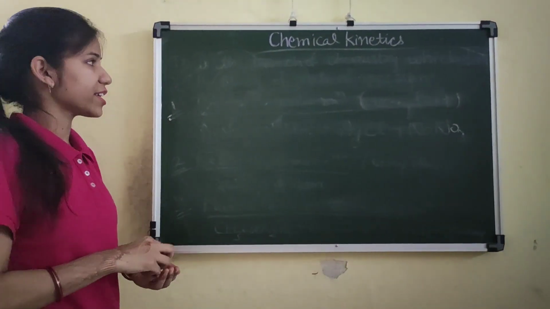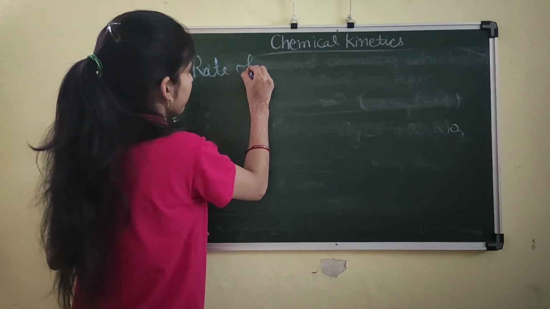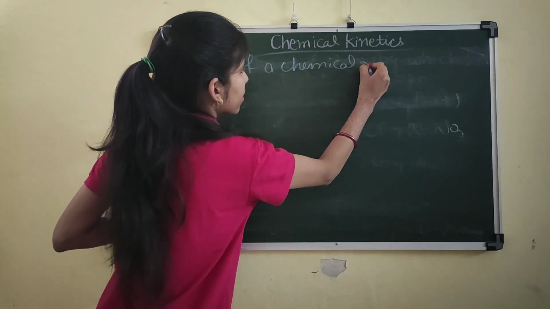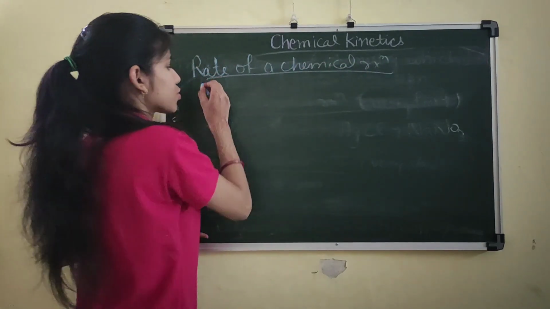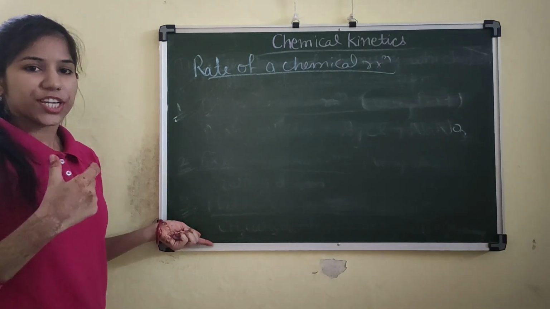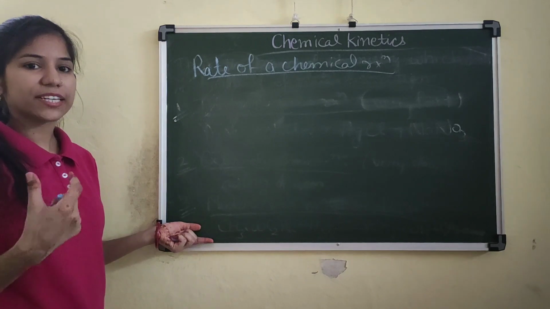Now we study the rate of a chemical reaction. The rate of chemical reaction is equal to the change in concentration of reactant or product divided by the time taken.